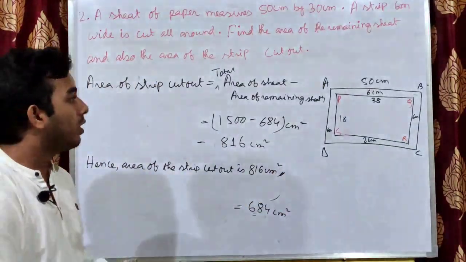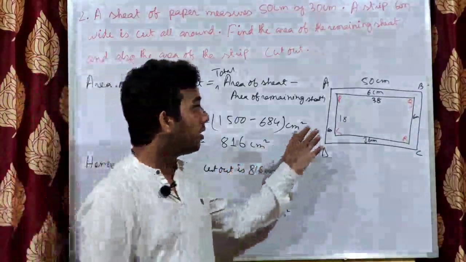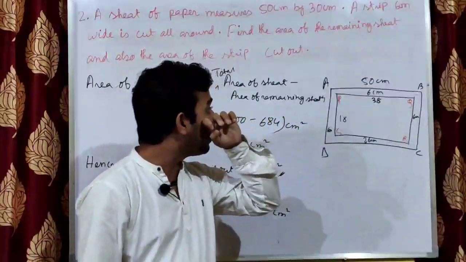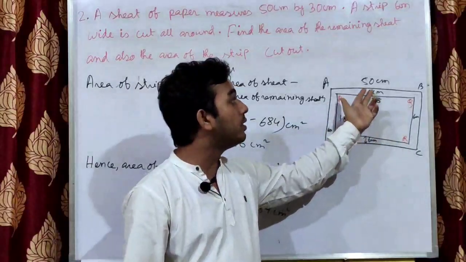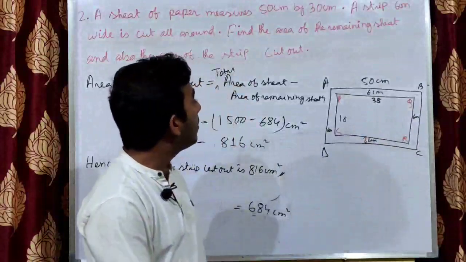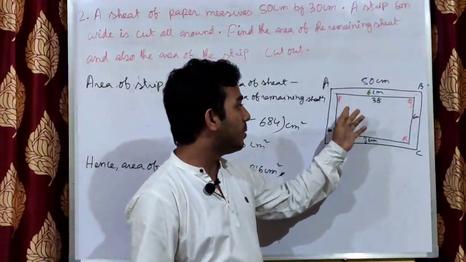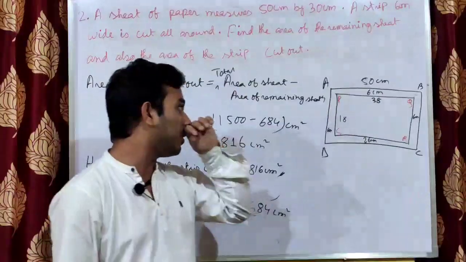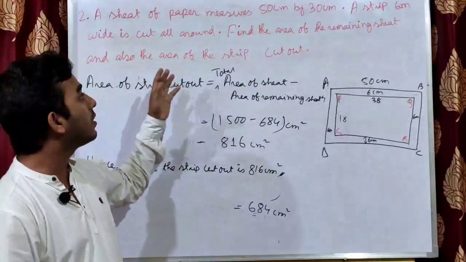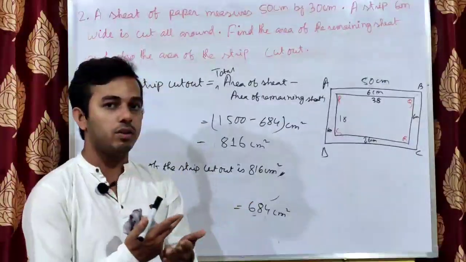So what we do in this question is, first we have the length and breadth of a paper, which is 50 centimeter by 30 centimeter. Clear? That is, length of AB is 50 centimeter, length of AD is 30 centimeter, and then it is asked that we have cut a strip, for a ribbon.